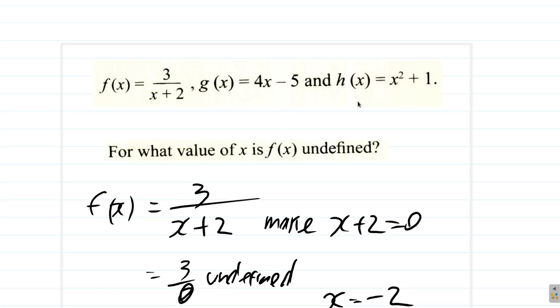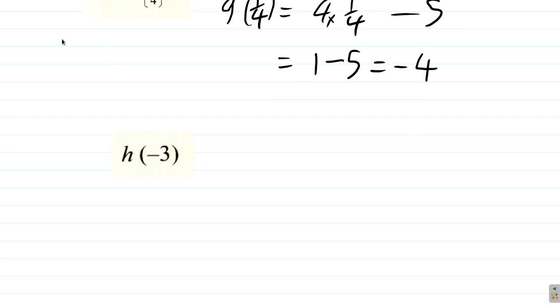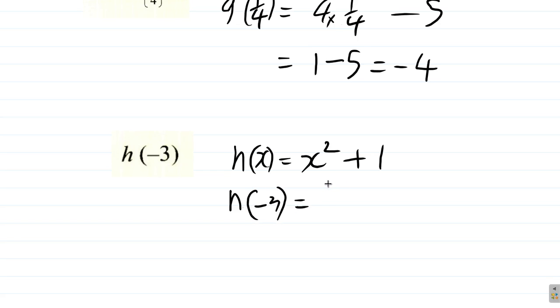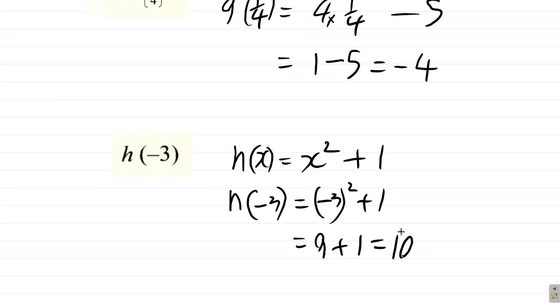Now, h of x is x squared plus 1. But this is h of negative 3, not x anymore. So I replace x with negative 3, so this is negative 3 squared plus 1. Negative 3 squared is 9. 9 plus 1 equals 10. So that's 10 for that.